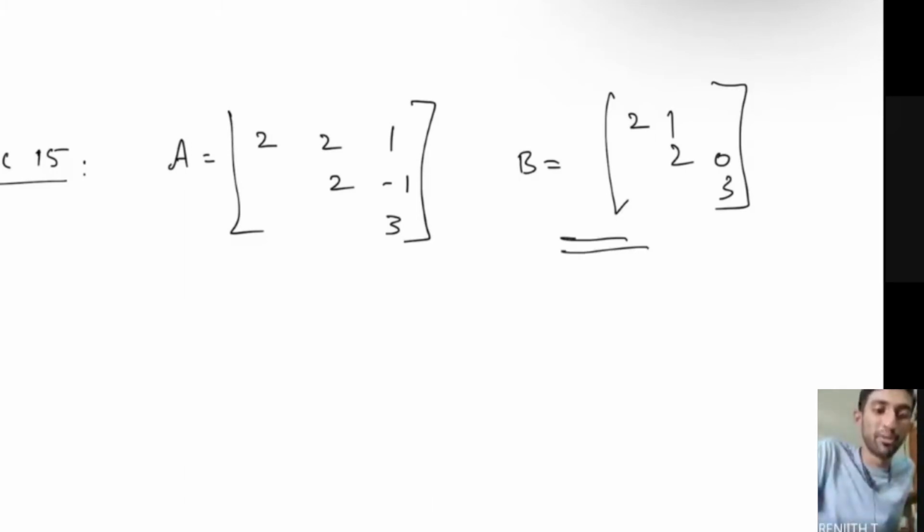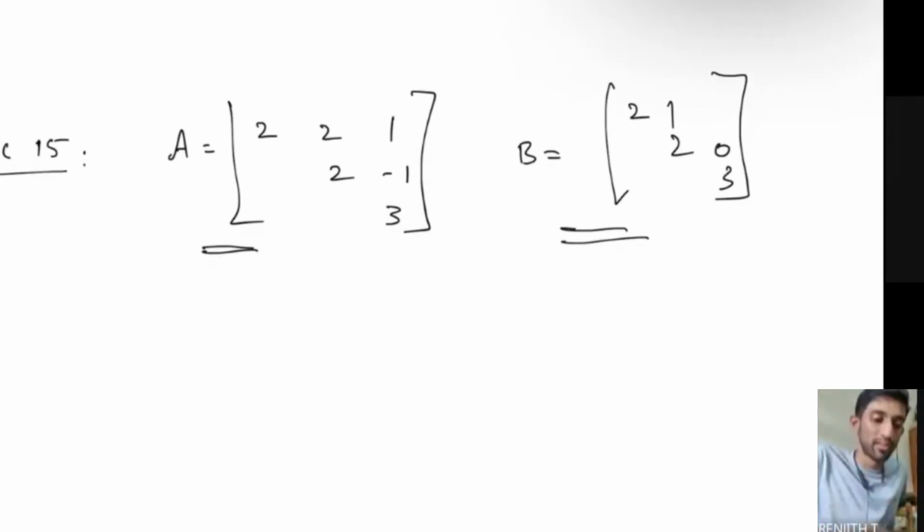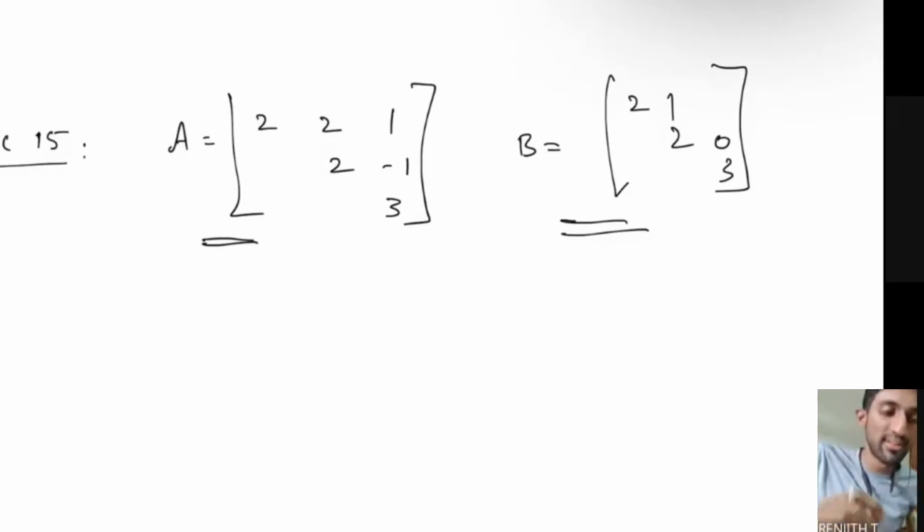B is in Jordan form because only the diagonal elements and the entries just above the diagonal are non-zero, and the entries just above the diagonal have only 1 and zeros. So B is in Jordan canonical form. A is not in Jordan canonical form. The question is whether B is a Jordan canonical form of A. That is the question.